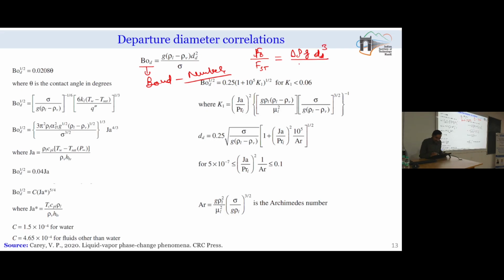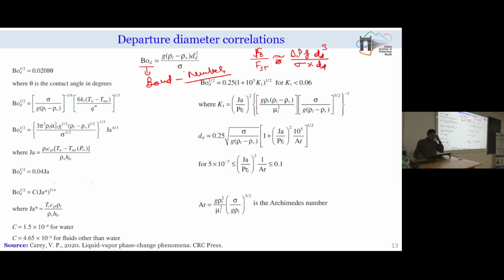The surface tension force will be sigma, per unit length, into d_d. If I do an order of magnitude analysis, I find that the Bond number is delta rho d_d squared g by sigma.